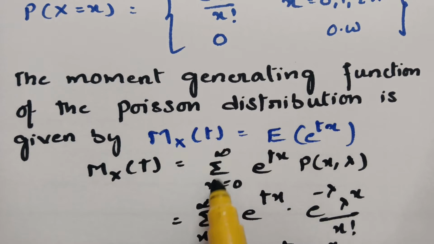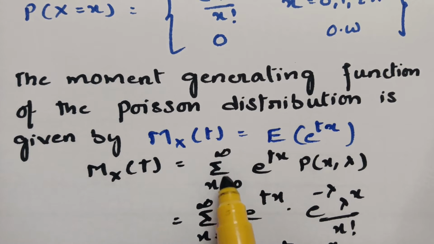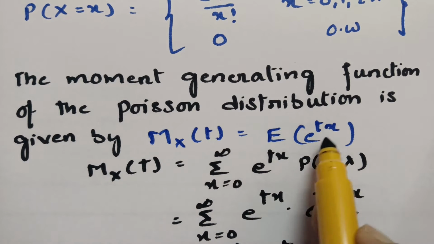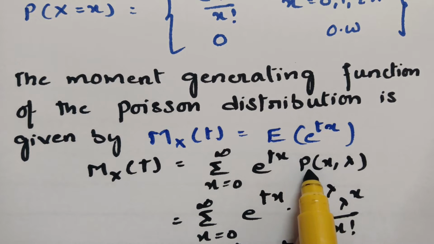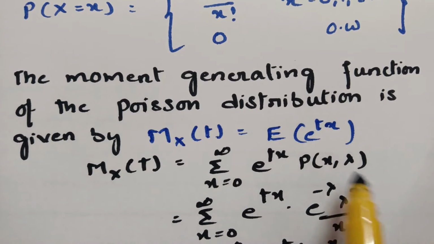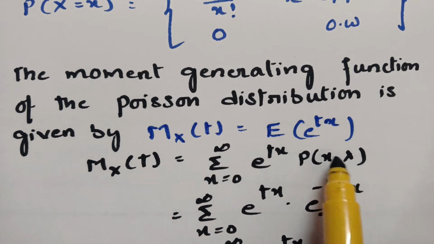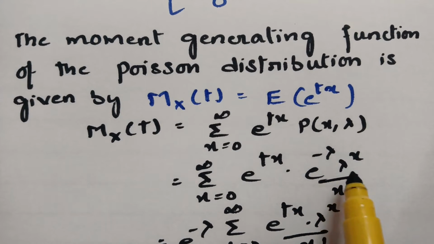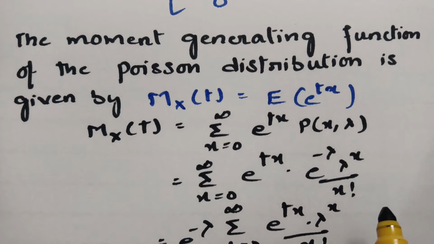See here, this can be written in terms of sigma, that is sigma x equal to 0 to infinity e power tx. So here the function value, e power tx into the probability of x comma lambda. So this is according to the probability density function of the Poisson distribution, e power minus lambda lambda power x by x factorial.